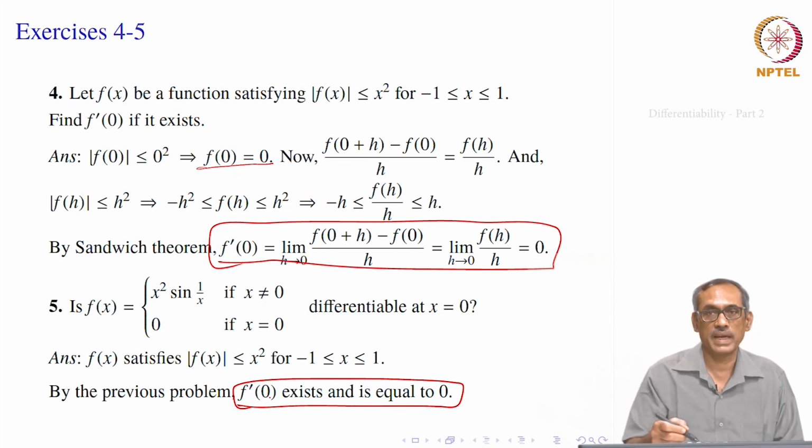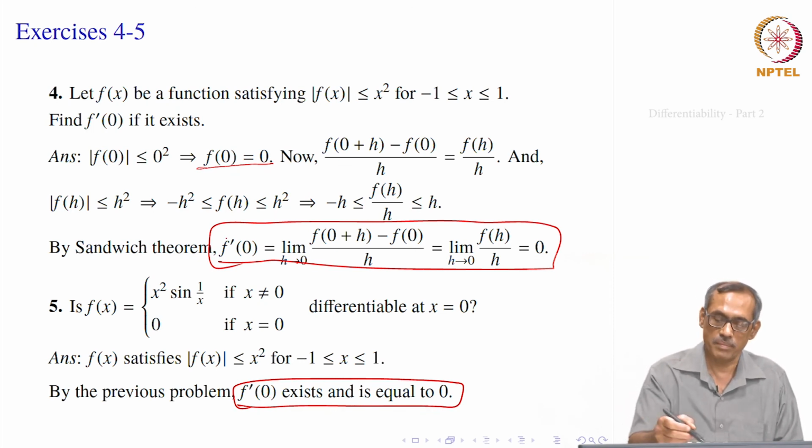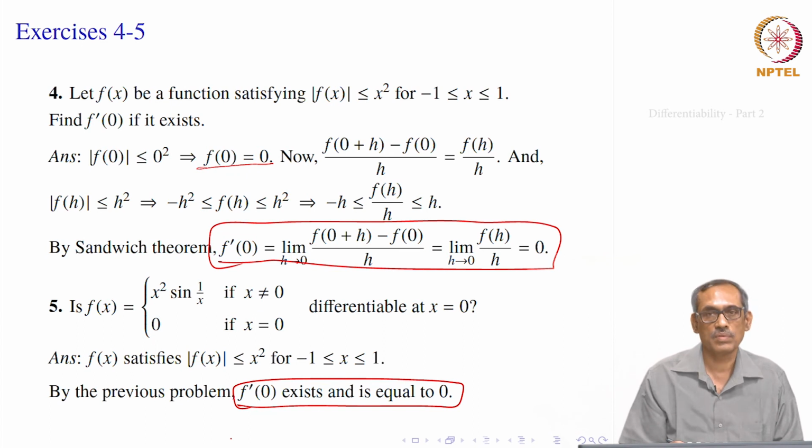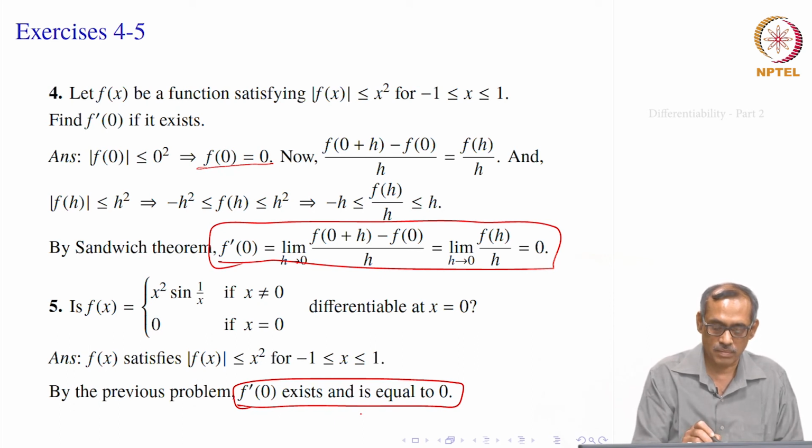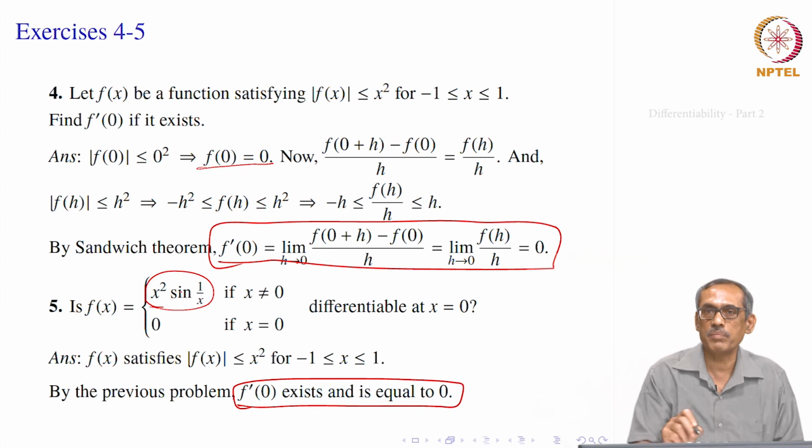Of course, you can do it directly, the same method will be used to compute this and find that f prime 0 equal to 0. But one matter of concern: since this is defined only for x not equal to 0, you can of course differentiate it at every point not equal to 0. That differentiation will give rise to some result.